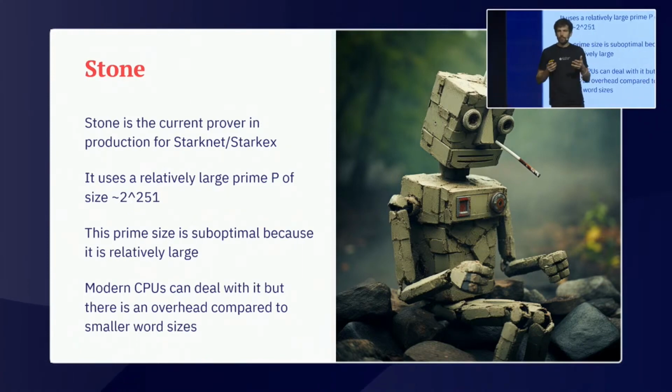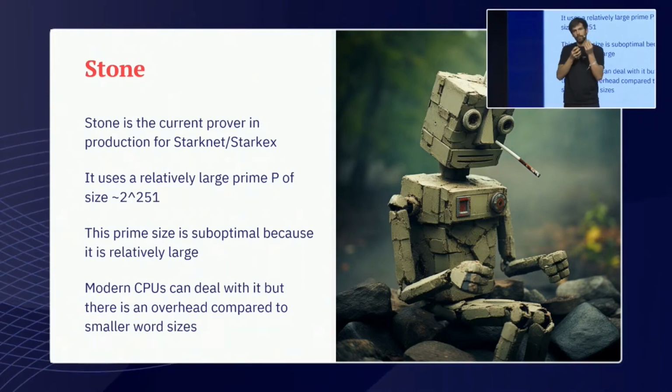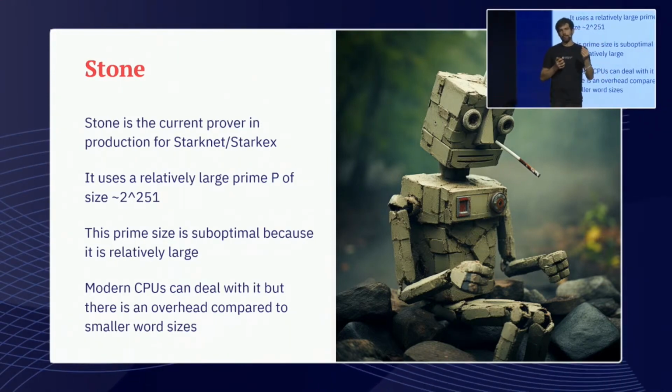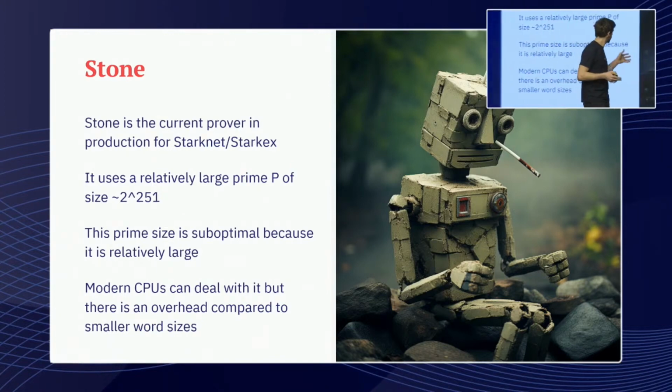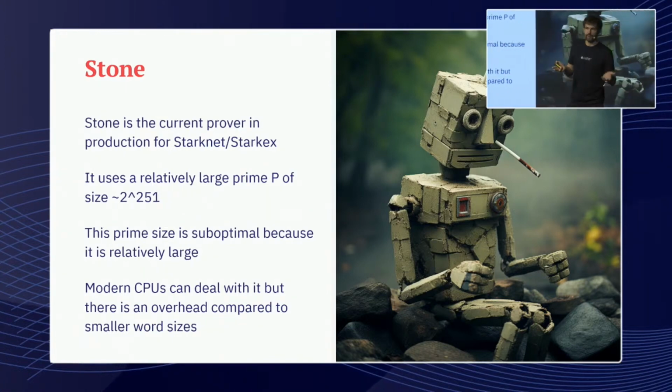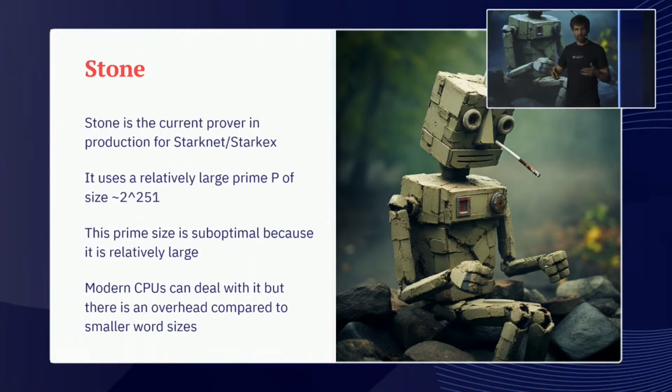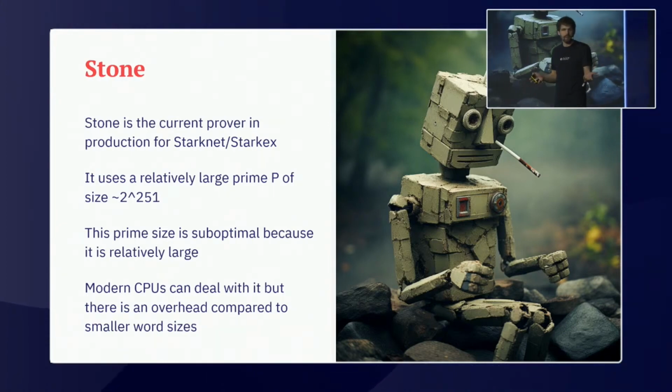Stone is the prover, the actual one used to prove Cairo today in production. It has a relatively large prime field size of the order of 2 to the power of 251. It works well. You can prove stuff with it. It has been used for years in production, for Starknet and StarkEx.